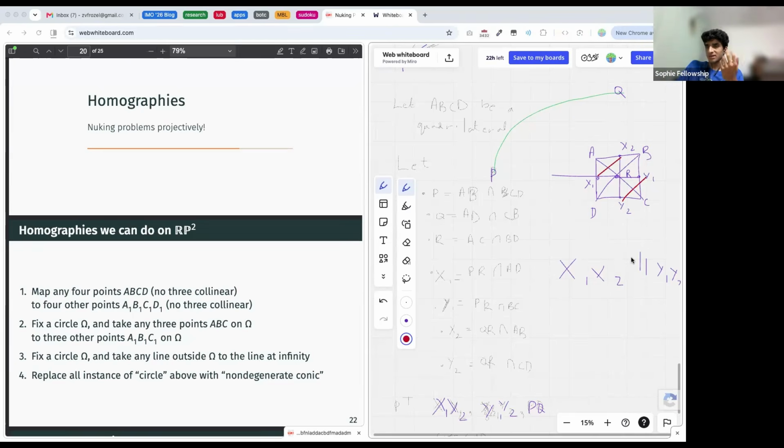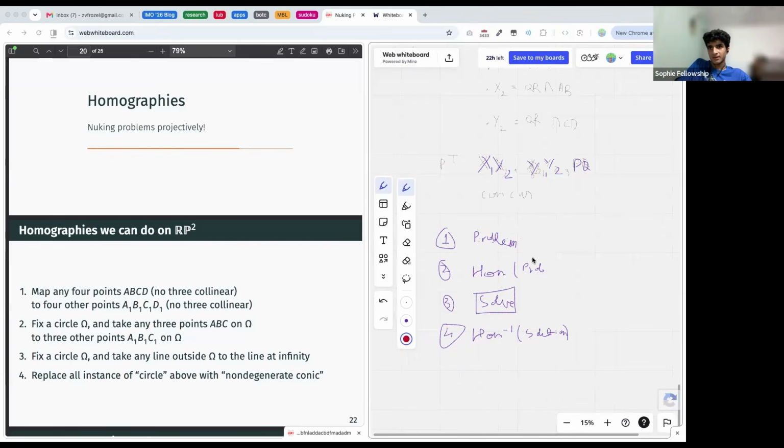In some other problems, it's not as simple because there might be a random circle going on, or you want to prove that two lines are parallel. And how do you translate such a Euclidean condition to a projective one? Well, what you do is you find a third line that's parallel and you say that, oh, I just want to prove that these three things are concurrent or something. So the general idea of homography is to take a problem and there's this intermediate step, let's call it step 1.5, where you translate the problem from Euclidean to projective.